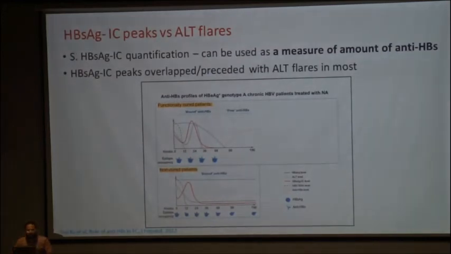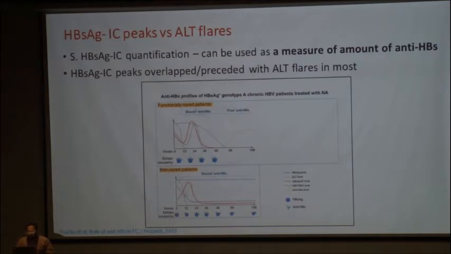And it has also been shown that this complex of surface antigen and anti-HBs peaks versus ALT flares. If you can see this diagram, these are the patients who achieved functional cure. This is the complex anti-HBs and HBsAg flare. This is the ALT flare. In those patients who had this complex flare followed by ALT flare, they are the ones who achieved functional cure.